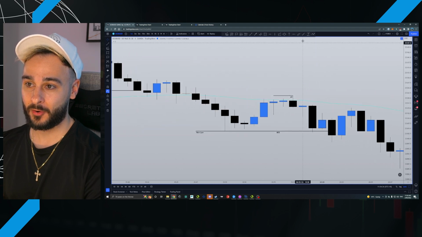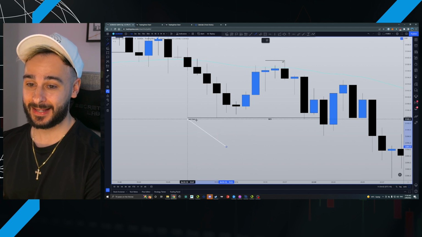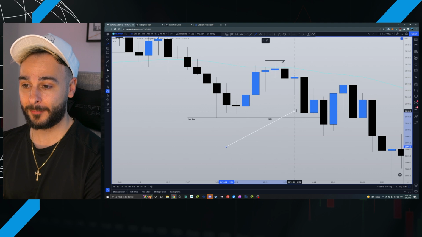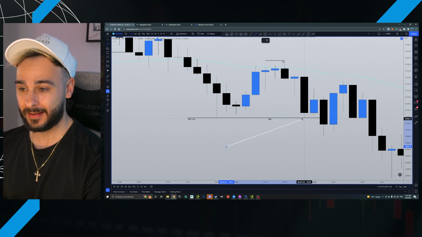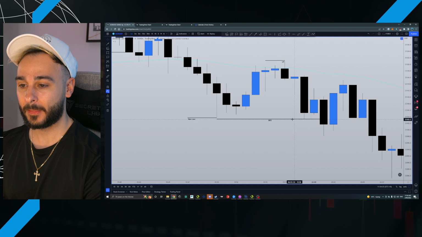All right. So once again, guys, we are looking at the most recent structure lows. So yes, that's our new low. We have our pullback. This candle here did go lower, but not with a body close. So we would need a candle close below the new most recent low right here.